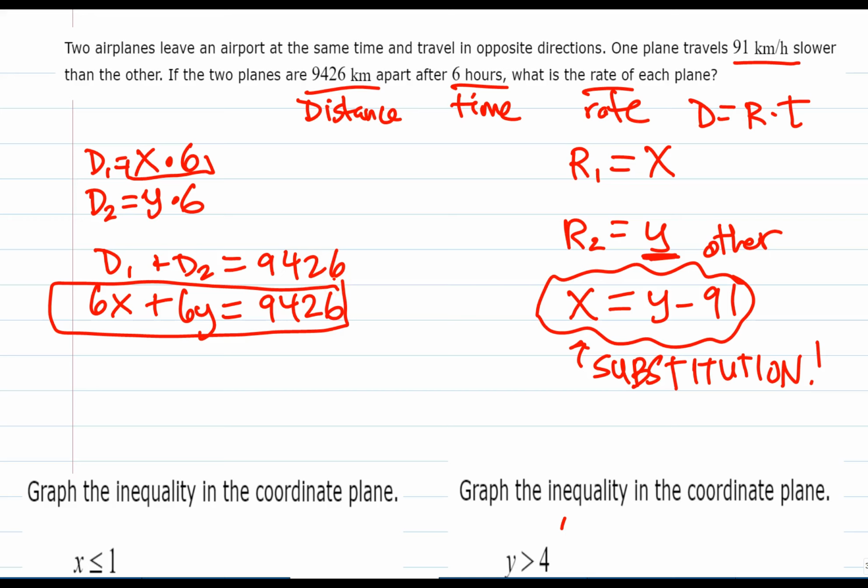We now have two equations with two variables. What method is it screaming for? Replace this x with what? Do you see that x? Substitute. So in place of that x, we put y minus 91. 6 times what?